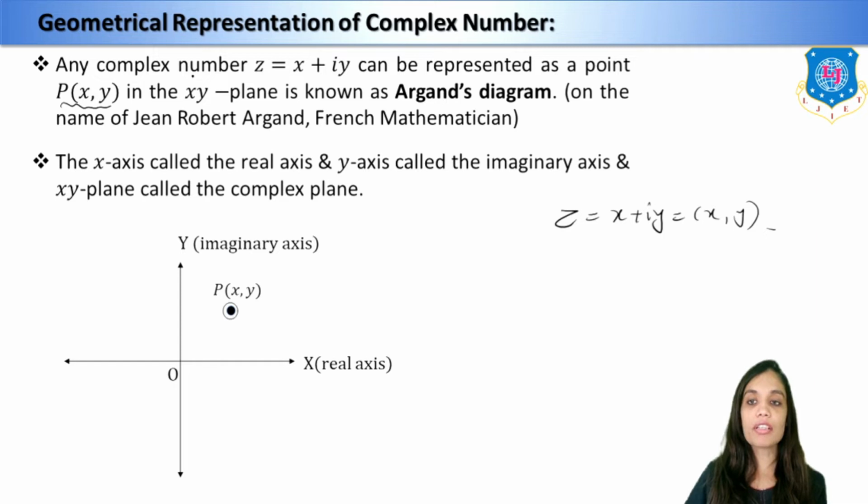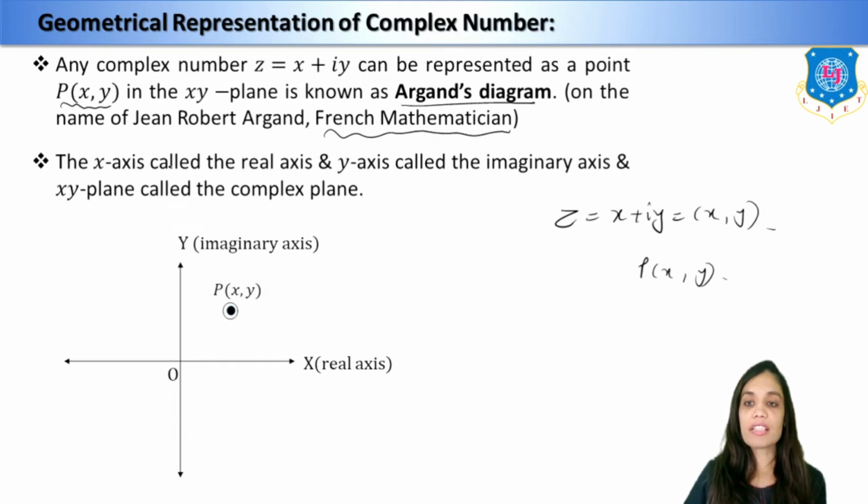So we will represent the complex number as P of x comma y in the xy plane. Such a diagram is known as Argand's diagram, right? This name is given after Robert Argand, who was a French mathematician. So based on his name, we call it Argand's diagram.